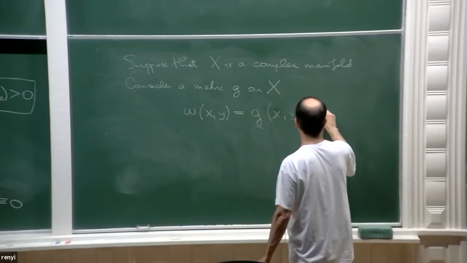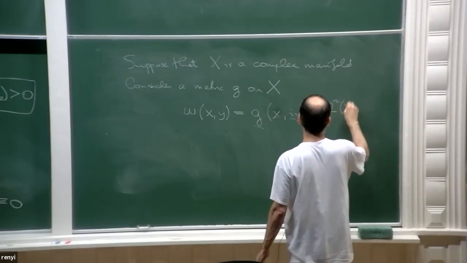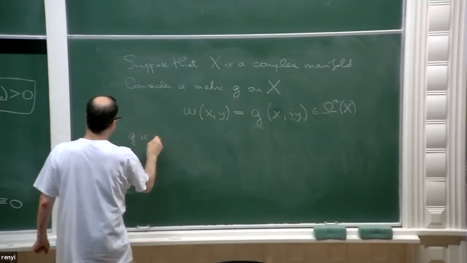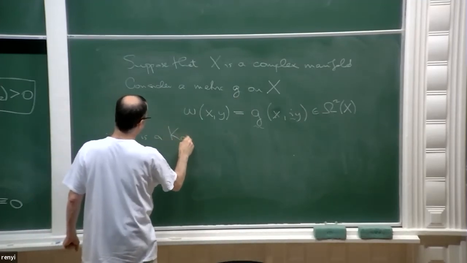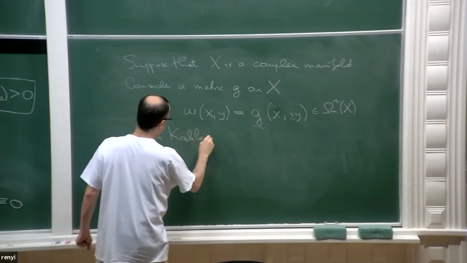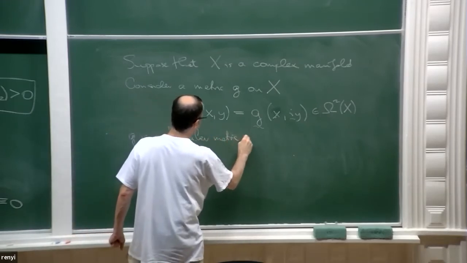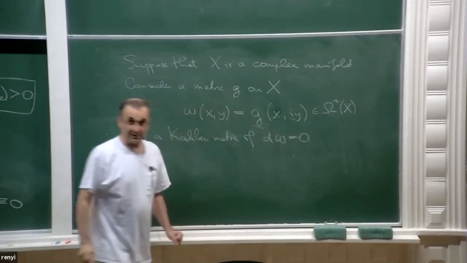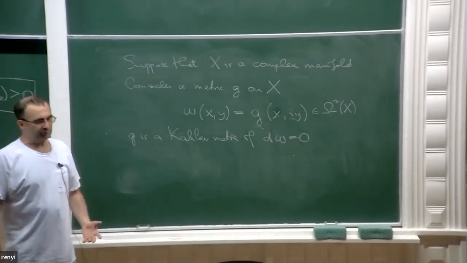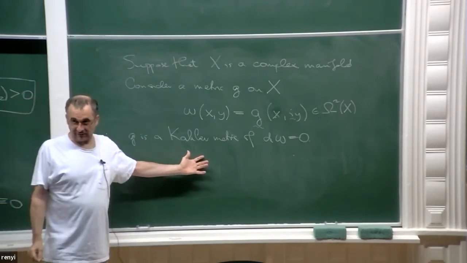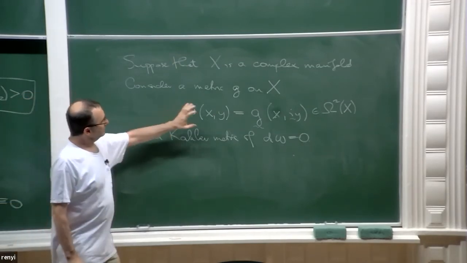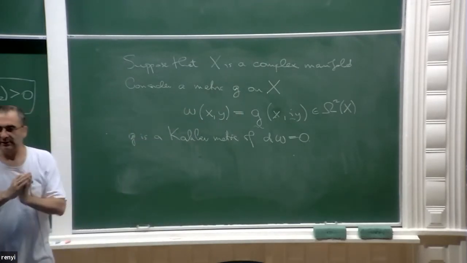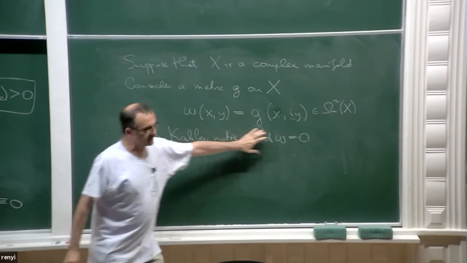This is just a 2-form on X, and g is a Kähler metric if d omega is equal to 0. It's a very long story, which I will not outline, but somehow this metric looks locally very much like Cn if this condition is satisfied.